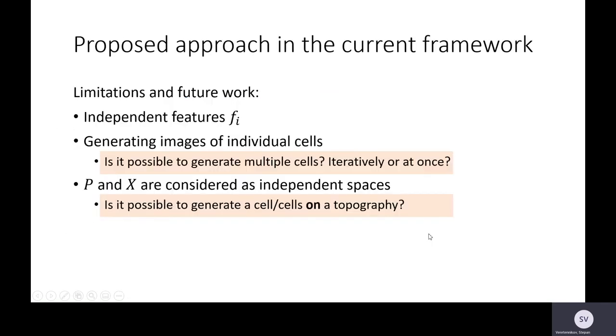So, talking about limitations and the future work for the current framework, one of the assumptions that makes this approach limited is the independency of features Fi assumed. So I assume that an image of a cell is represented by a number of independent factors such as elongation, nucleus size, and roundness.